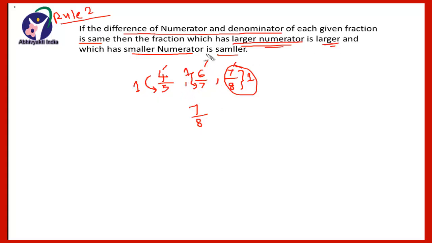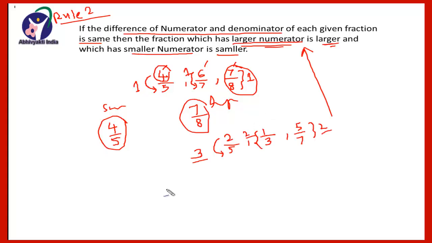And the numerator which is smaller, here 4 is the smallest numerator, and therefore 4 by 5 is the smallest fractional number. So this is the smallest fractional number and this is the largest fractional number among the given three numbers.